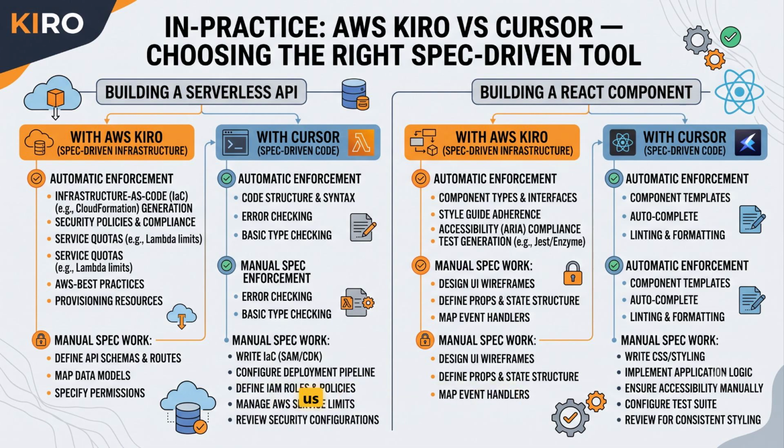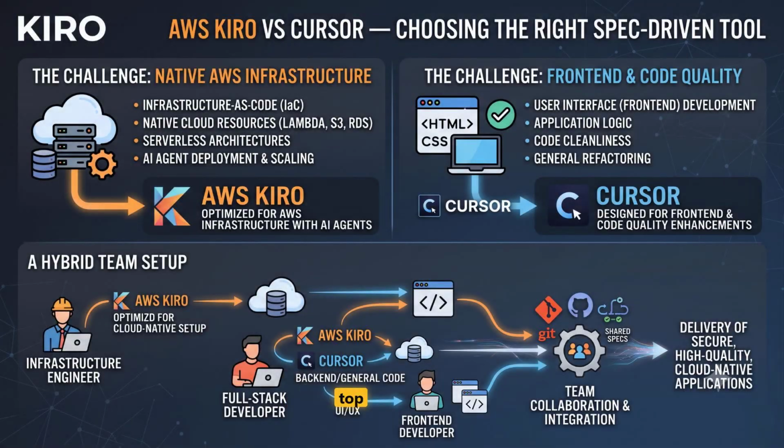Now let us talk about what mastering this practice means for your career in 2026. Look at the top left panel where native AWS infrastructure is highlighted. Mastering cloud native spec enforcement with AWS Kiro shows senior level architectural thinking, proving in code reviews and tech interviews that you design for scale rather than just churning out lines of code.